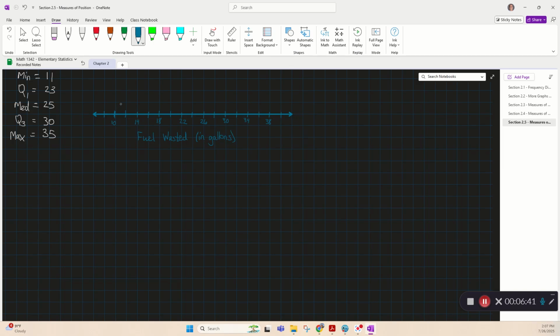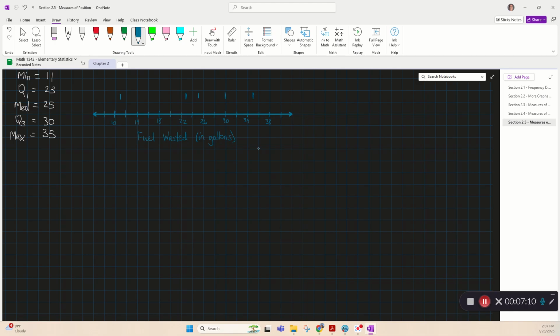The minimum is 11. So I'm going to come up here, put a vertical line at 11. Q1 is at 23. So put another vertical line there. Then the median's at 25. Q3 is at 30. And then the maximum is at 35.